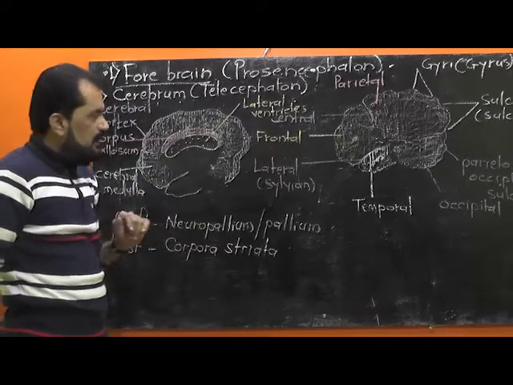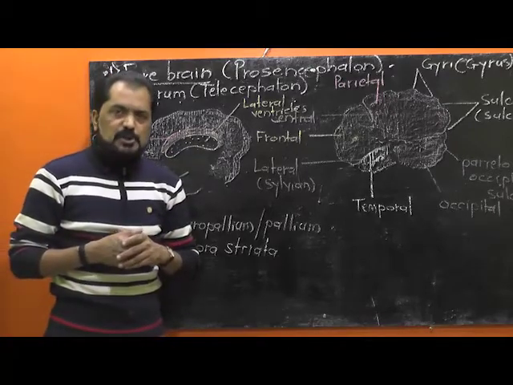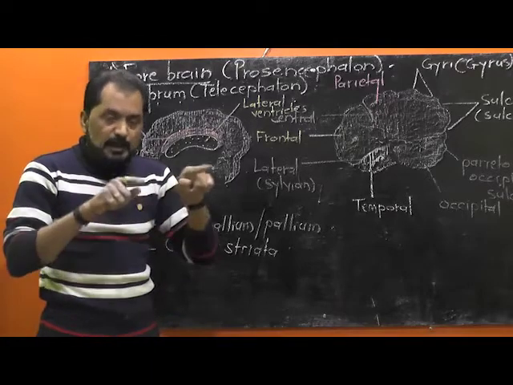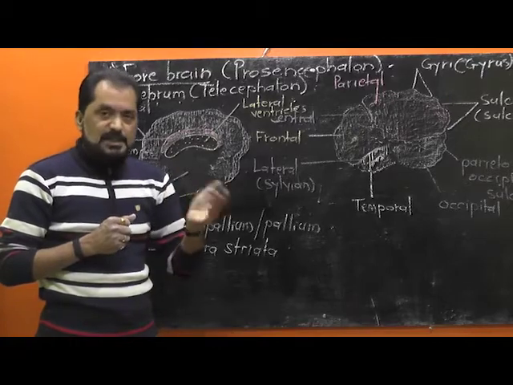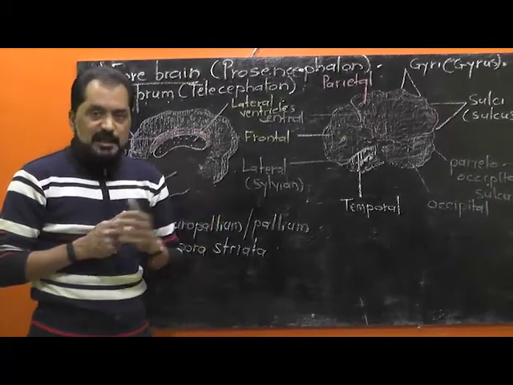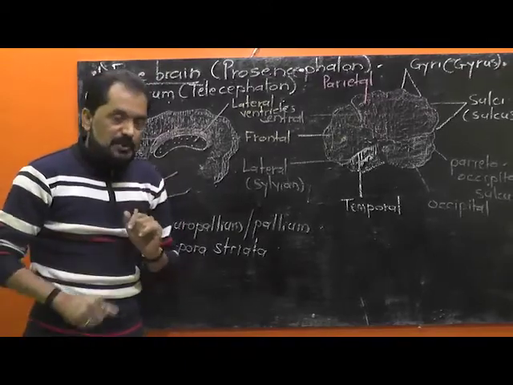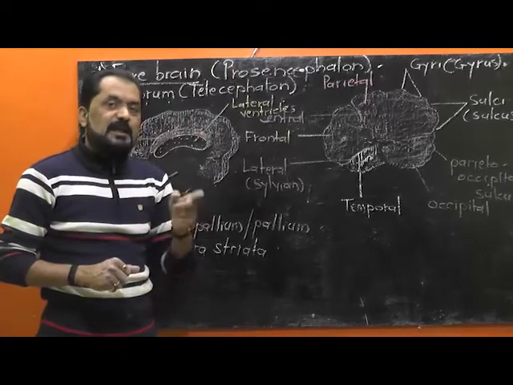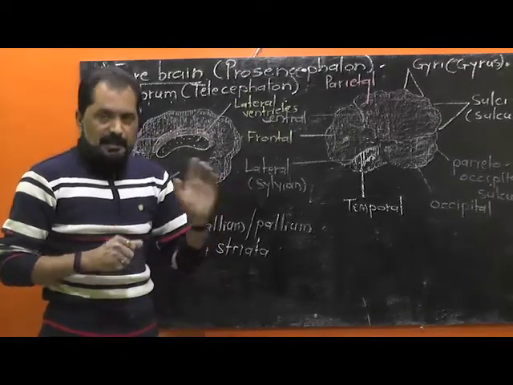I said that in the floor of cerebrum there are many large masses of grey matter embedded in the white matter. They are called the basal nuclei, basal ganglia, or may be known as the nuclei of cerebrum. Actually, the corpora striatum is nothing but an example of basal nuclei, basal ganglia.